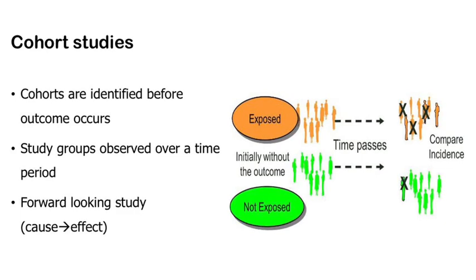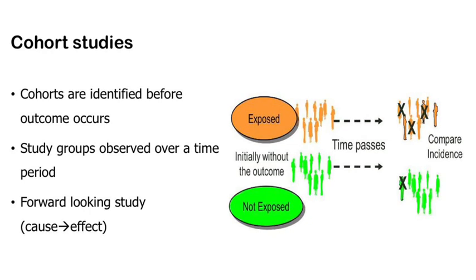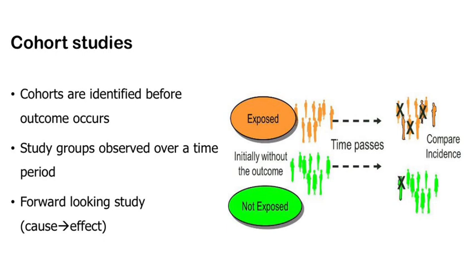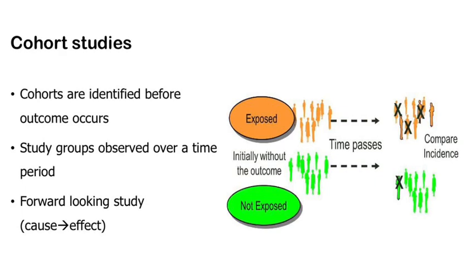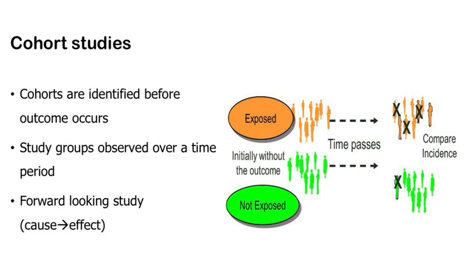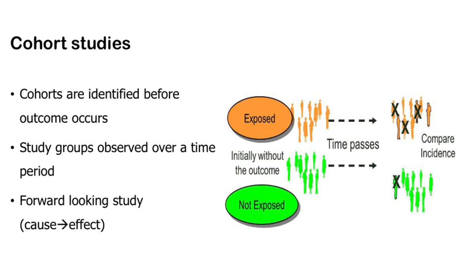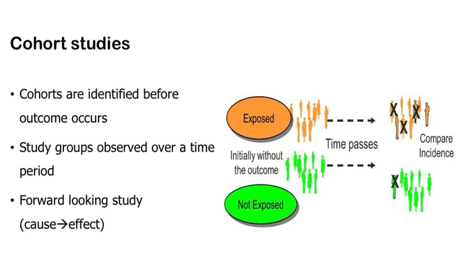We start with the exposed and unexposed group who are not having any outcome, and they are followed over a period of time to look for the outcome. It is a forward looking study, that starts from the exposure till the outcome, from cause to the effect.